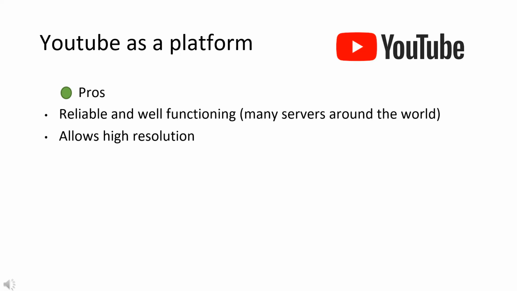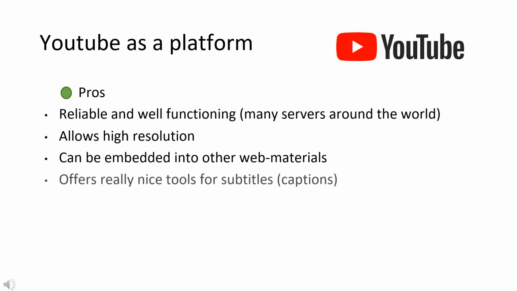Actually, they allow 4K resolution, but in our project, HD resolution is good enough. YouTube videos can be embedded to most web-based materials easily, and YouTube also offers really nice tools for subtitle creation, and they have unlimited free storage, which is also a nice thing.